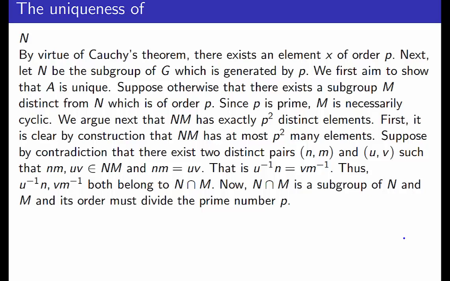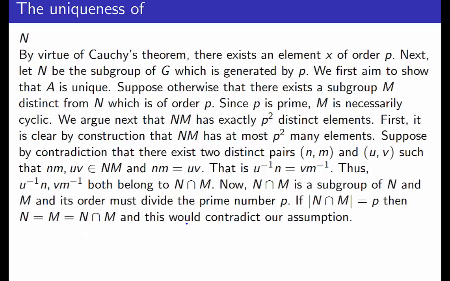Now, N intersect M is a subgroup of N and M, so its order must divide the prime number p. That means the order of N intersect M is either going to be 1 or it's going to be p.